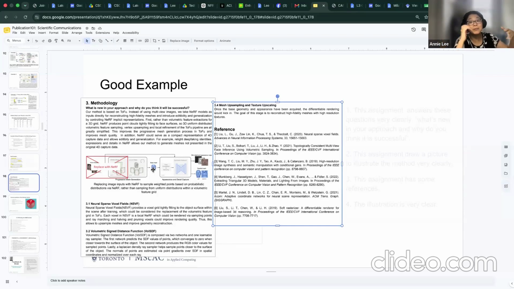So those of you who are based in Toronto, definitely go to MSCAC's ARIA symposium. They will print the poster, and all of you should submit your work to ARIA so that you can present it in Toronto. I think all my best students who end up in grad studies or publishing papers showcase their work there. It's such a huge venue, lots of people come by to look at your work.